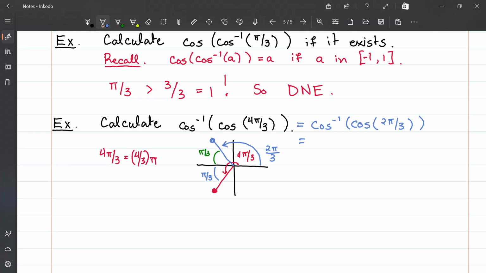Now I'll ask you this. Is 2 pi over 3 in the subdomain for cosine? Is it, in other words, the range for arc cosine? You betcha. And now the property from page 2 applies. These two functions undo each other, and I'm simply left with 2 pi over 3.